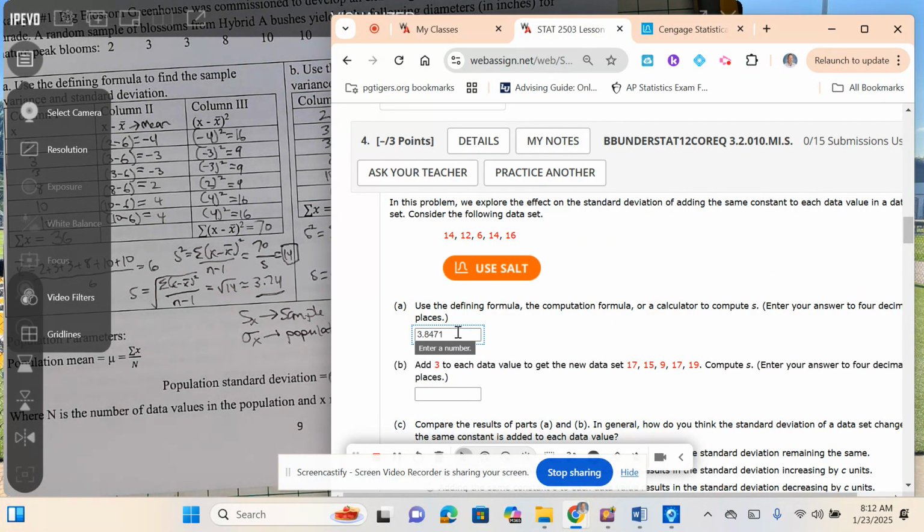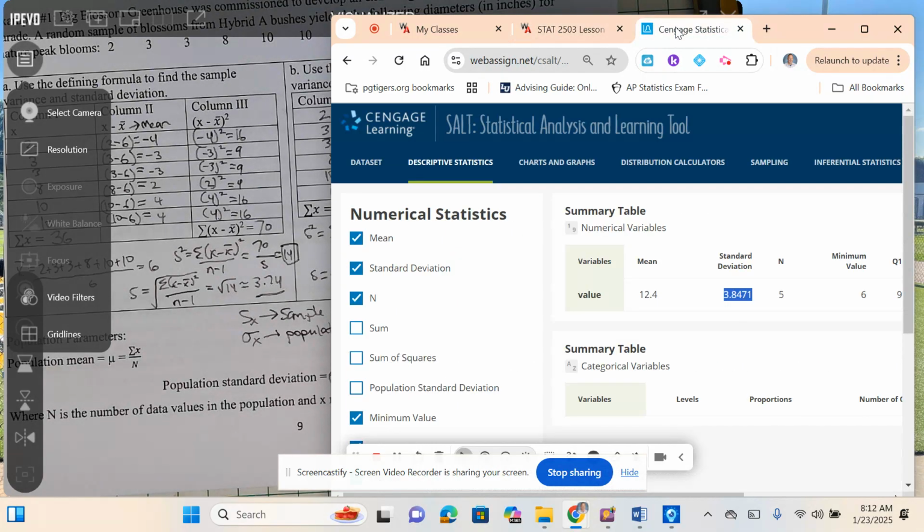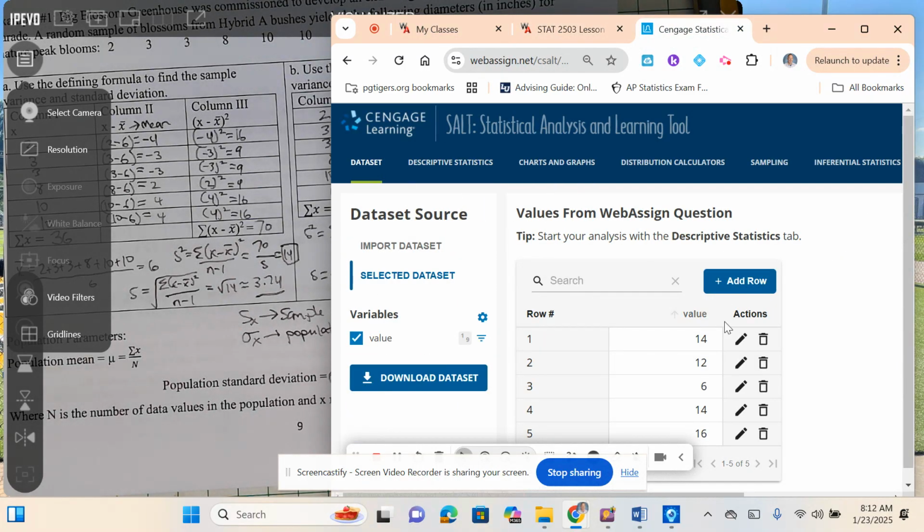Okay. Now add 3 to each data value. Add 3 to each data value for me. Now, you might have a different one. So I'm going to go to data set. I'm going to edit these and I'm going to add 3 to each one. So add 3. Add 3. Careful. Oh, my backspace wasn't pushing the right buttons there.